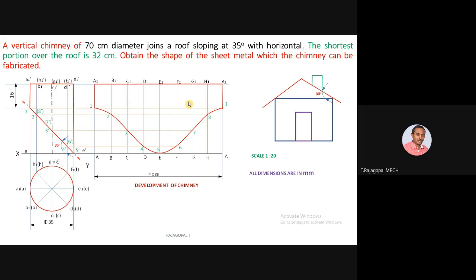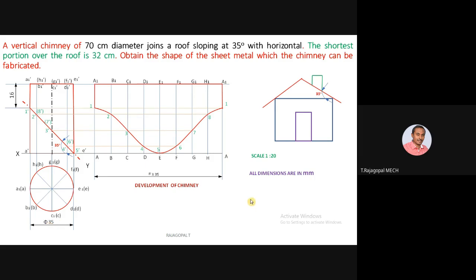If you have any query regarding this scale, and one more thing, even if you refer to a textbook, they may write it as 70 centimeter here, but as per engineering drawing standard, you are not allowed to write 35 mm here. You are not allowed to write a unit near the dimension value.